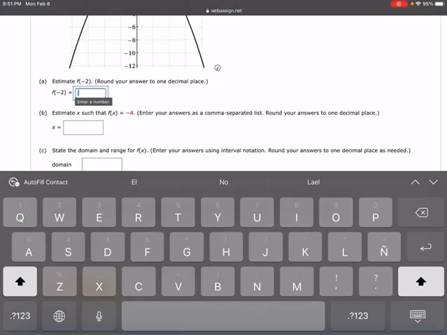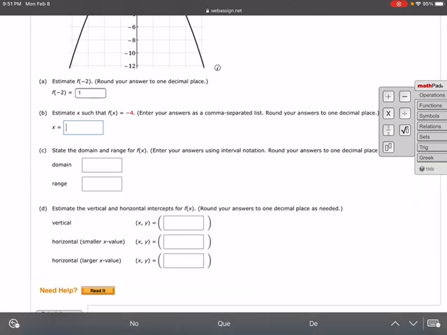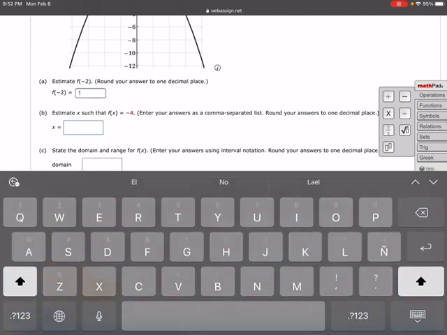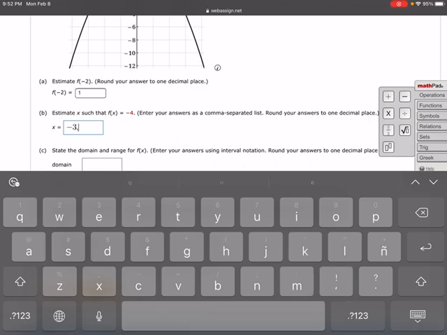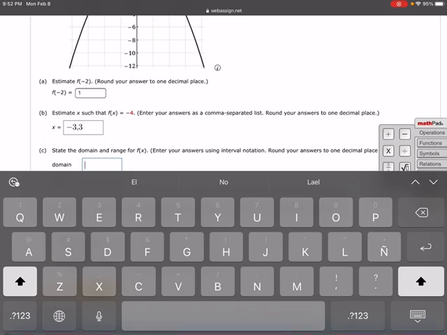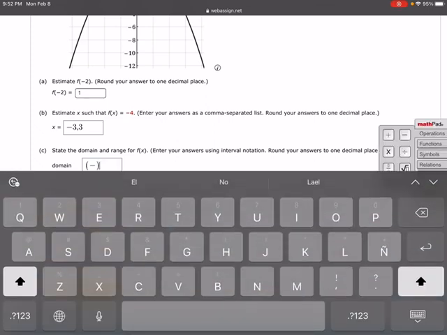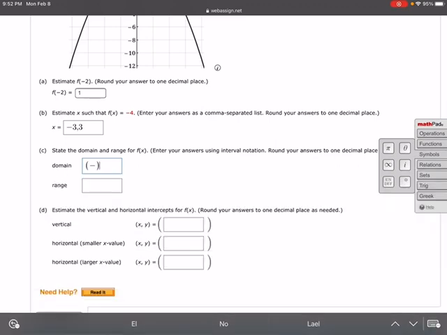So when x is -2, y is 1. And when y is -4, x is -3, and the other one was +3. I'm separating them by commas. For the domain, here we have to enter symbols: negative infinity to positive infinity.